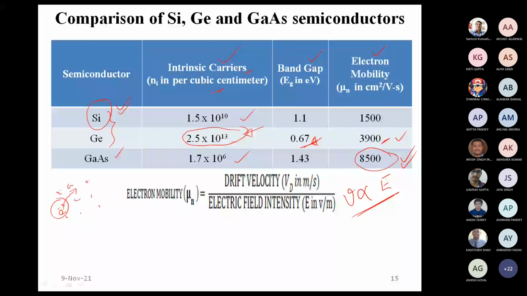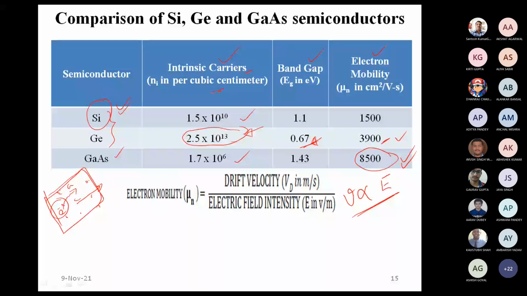If there is no net movement of these carriers in a certain direction, then we say that the net movement of charge is zero, and hence the current will be zero. The current relationship will come in a moment. Right now we are just looking at this.